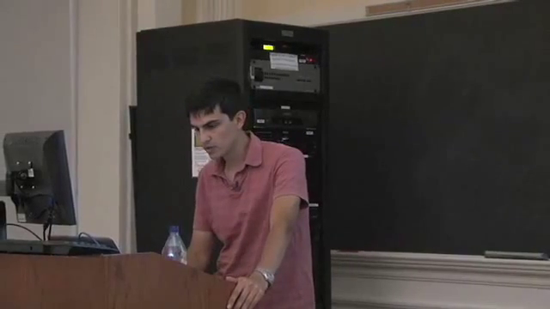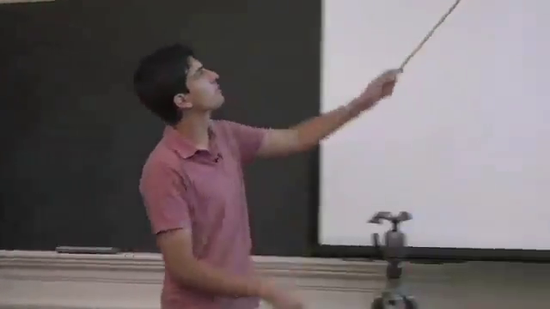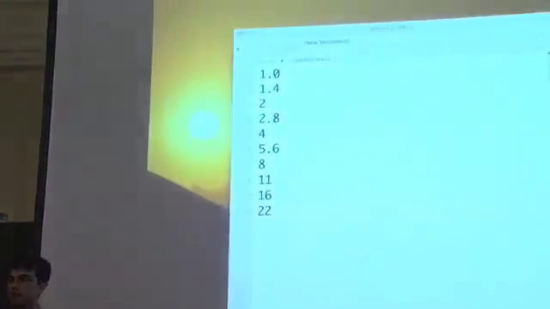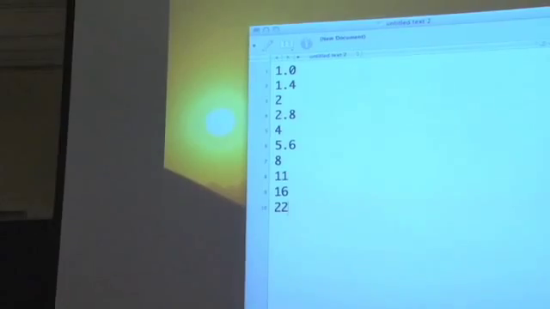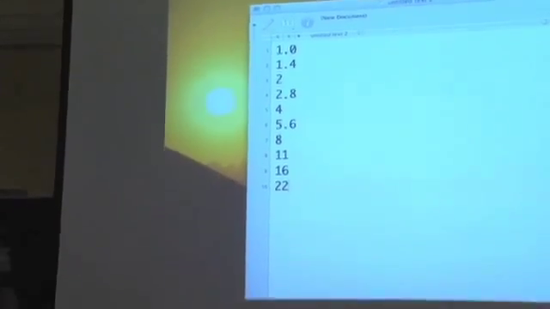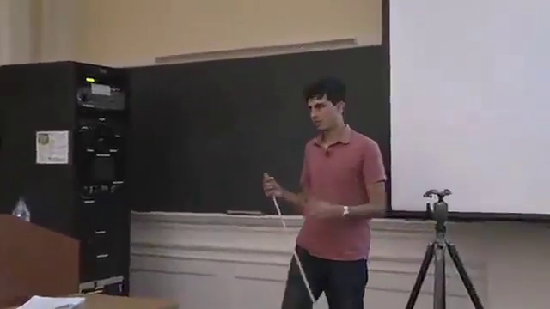But what's most important to remember, besides the trick where you memorize 1.0 and 1.4 and double them to get this line of F numbers, is that the lower the F number, the brighter the image.